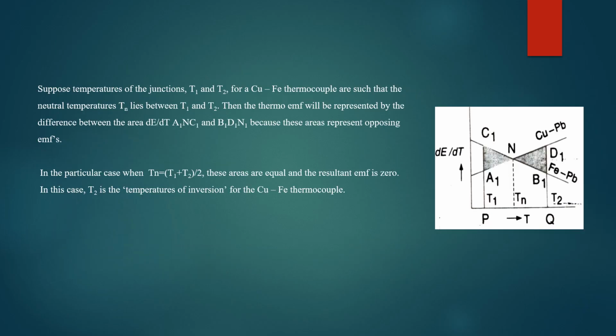Suppose the temperatures of the junctions T1 and T2 for a copper-iron thermocouple are such that the neutral temperature Tn lies between T1 and T2.